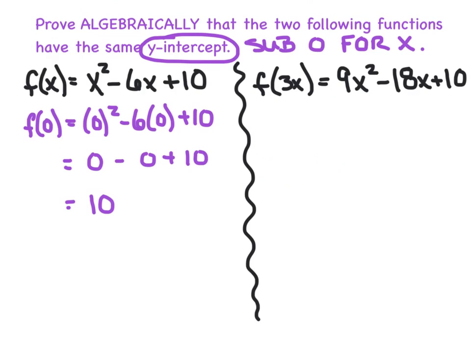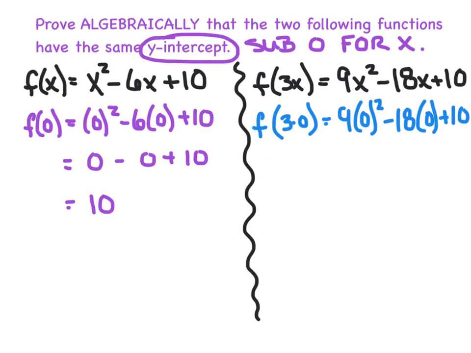And then we'll try the same process over here. F of 3 times 0 equals 9 times 0 squared minus 18 times 0. And I have to say, 0 is my favorite number in the world to evaluate without a calculator, because I just get 0 minus 0 plus 10, which ends up being the same y-intercept of 10.